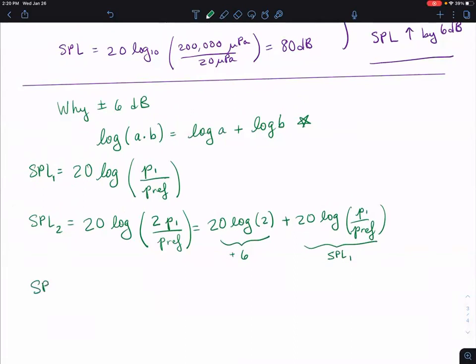Okay. Let's say at another place, this would be at half a meter, and let's say this is at 1 meter. At 1 meter it was P1, and at half a meter it would be 6 decibels more. But at 2 meters, it's going to be half as much. So we have a factor of a half here.